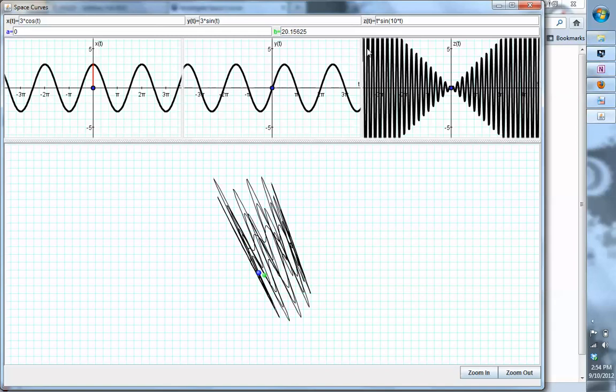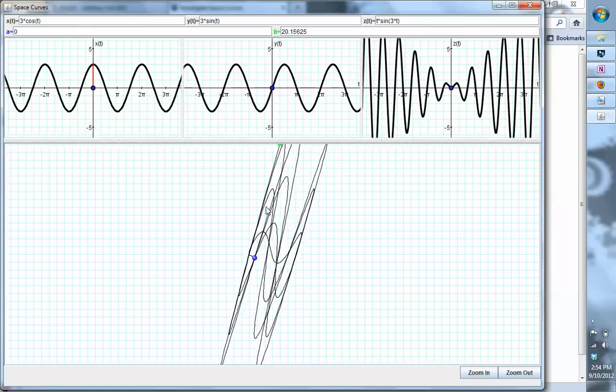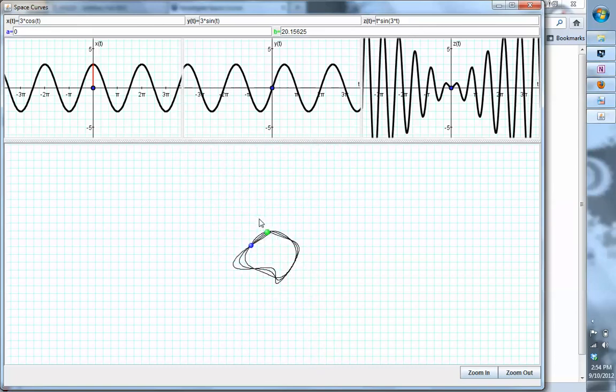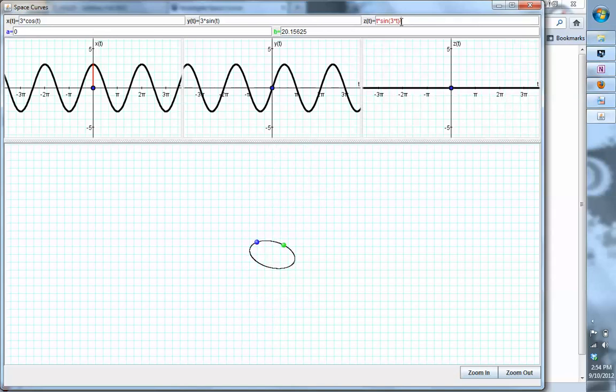Let me back off on the oscillations. Let's go down to 3, say, and then you begin to see it's going up and down. Let me knock back the amplitude a little bit. So let's maybe make this 10, and that's a little bit better.